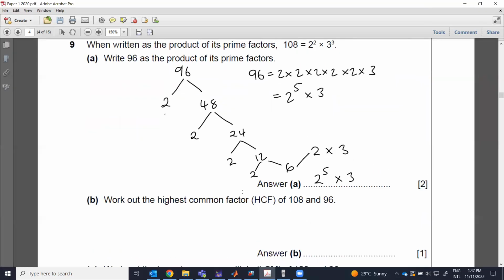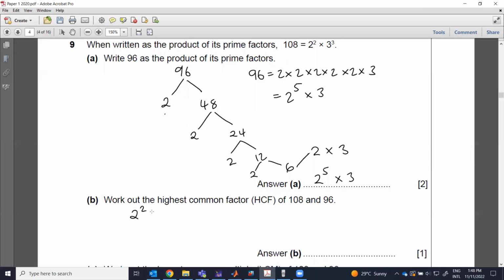Okay, then work out the highest common factor of 108 and 96. Okay, so here we see that 108 is 2 squared times 3 cubed. So I'm going to write this here.